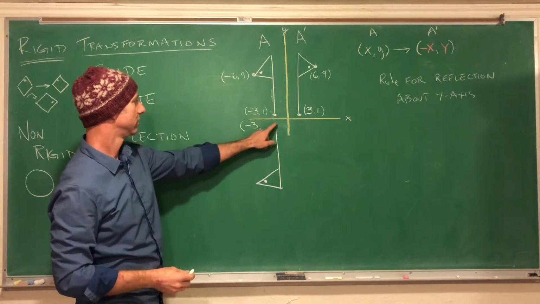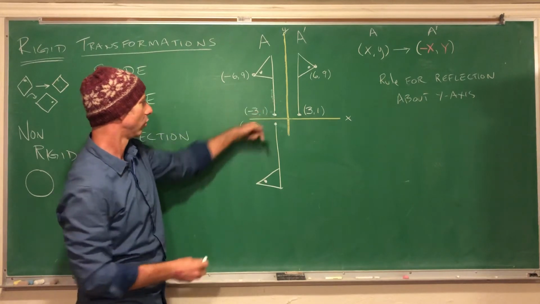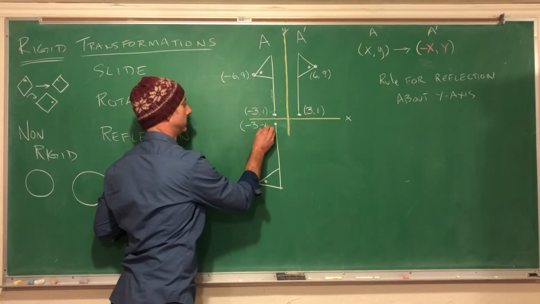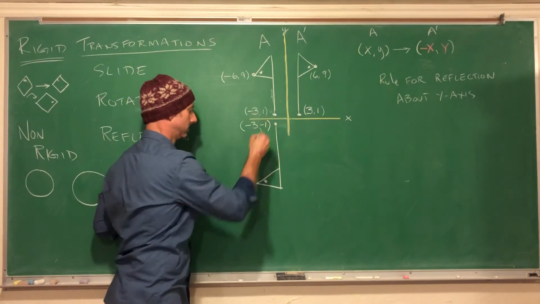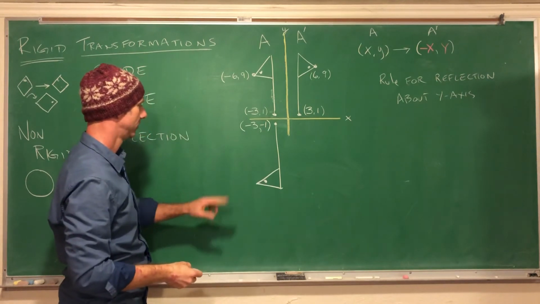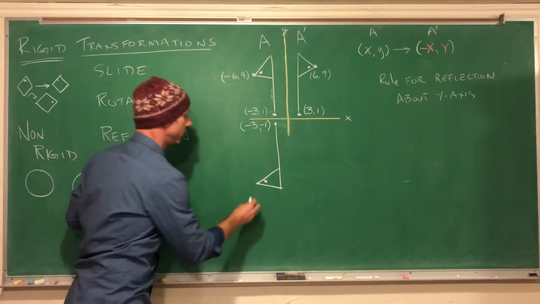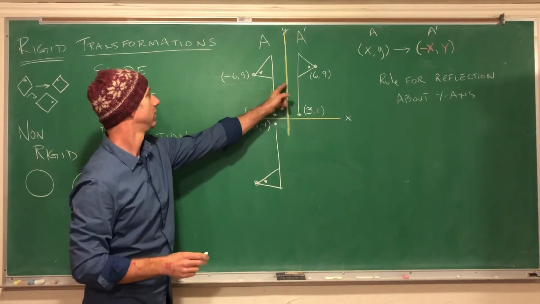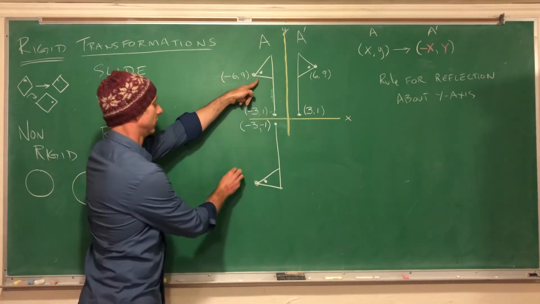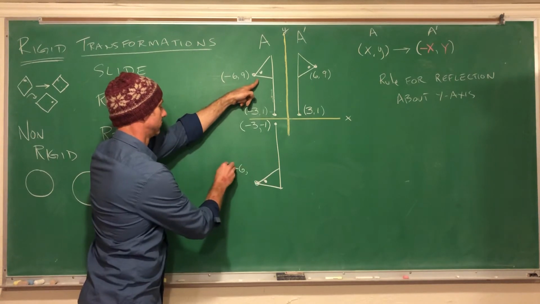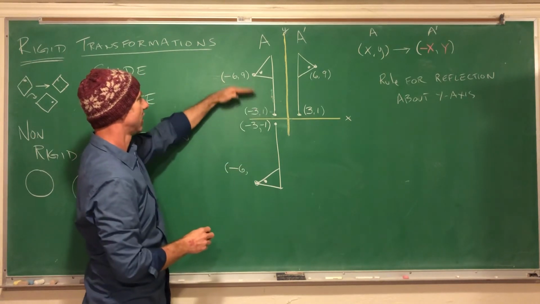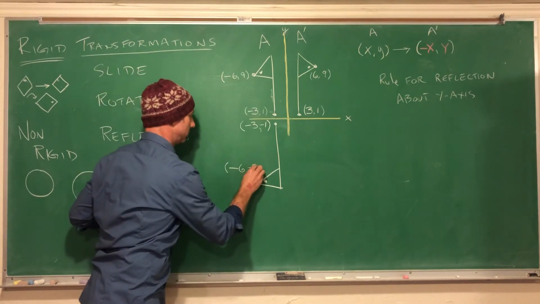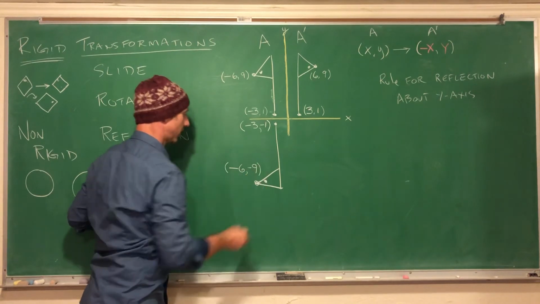And instead of 1 up, I'm going 1 down. Okay. We can do this point right here. Same idea. -6 over. And instead of 9 up, 9 down.